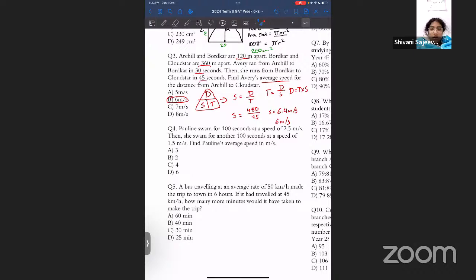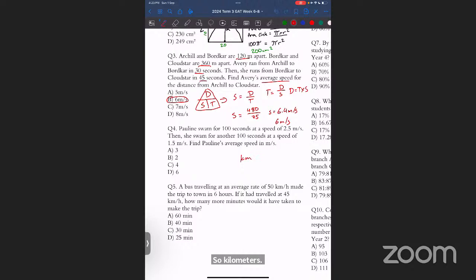Kilometers per hour. That's right. If you think about what those words mean, your speed just describes how far you go for every unit of time. It's basically distance over time. Do you understand?